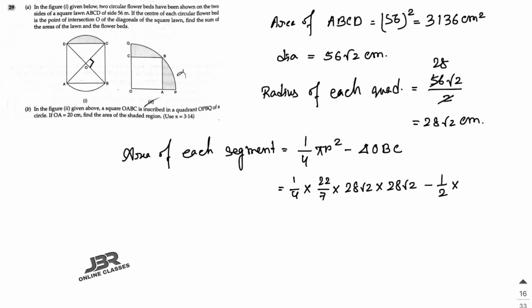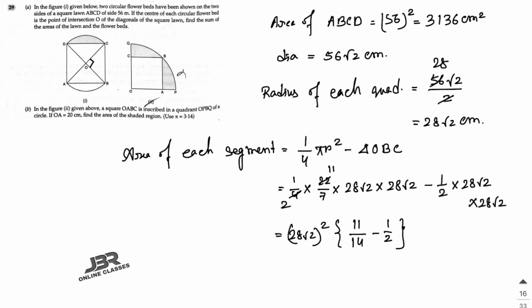Base means OB, which is half of the diameter, that means 28 root 2, and height is also half of the diameter, that means again 28 root 2. If you take 28 root 2 whole square common, then it's 11 by 14 minus half, which equals 784 into 2, because 28 square means 784 and root 2 square means 2.